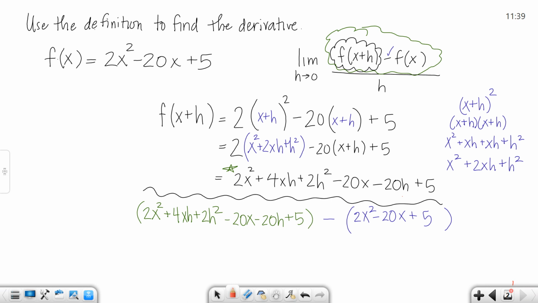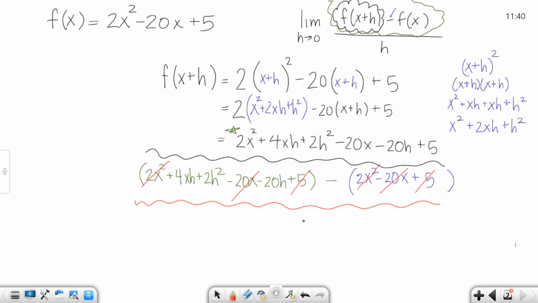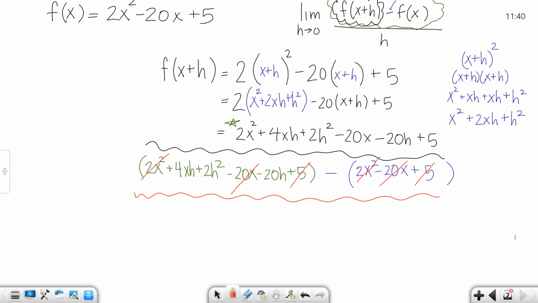Now what we're going to do with this step 2 is subtract out. You can do this part in your head. You have a 2x squared here minus a 2x squared here. And you have a negative 20x here, and 2 negatives make a positive 20x here. And you have a 5 here and a minus 5 here. So that's step 2, and it leaves you with 4xh plus 2h squared minus 20h.